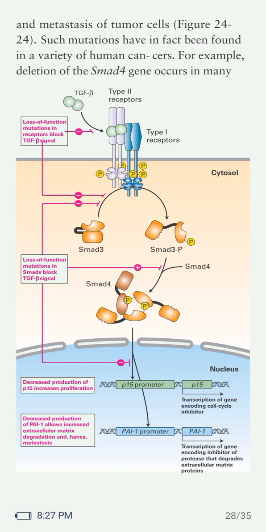Then p15 promoter, p15 nuclear region, then transcription of gene encoding cell cycle inhibitor is there. Decreased production of PAI1 allows increased extracellular matrix degradation and hence metastasis. Then PAI1 promoter, PAI1 transcription of gene encoding inhibitor of proteases that degrade extracellular matrix proteins.